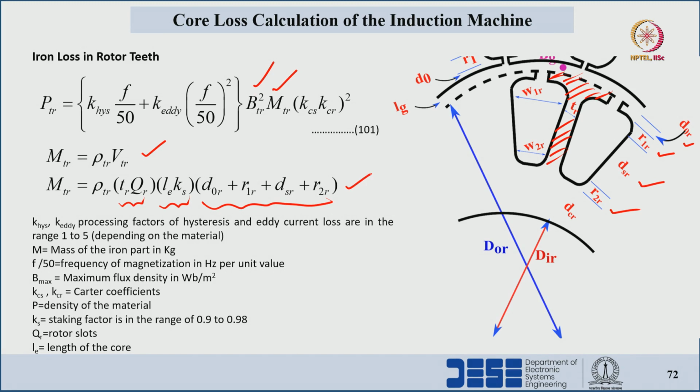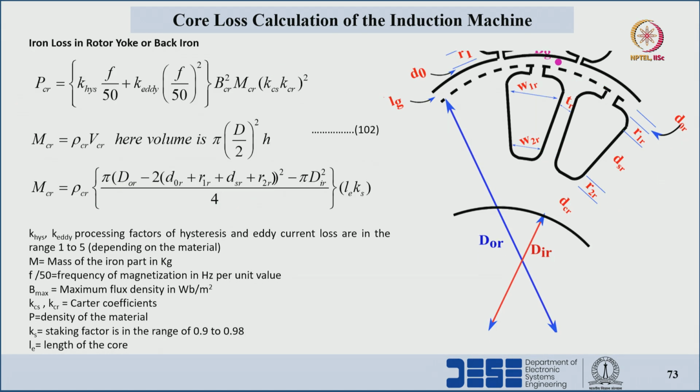Multiply all these 3 terms, then we will get the volume, and density we can select based upon the data sheet. Then this will give the mass of the rotor teeth, and this will give the power loss, or iron loss, with respect to the rotor teeth.